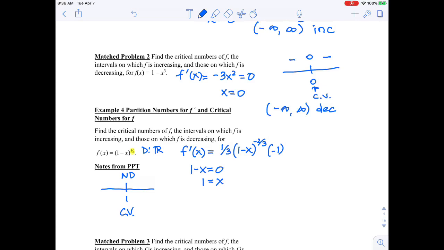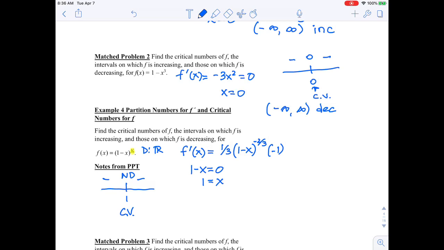When it's less than 1, it is negative. Think of putting a negative 1 in here, or even a 0. And when it's greater than 1, putting a 2 in here, it is still negative.